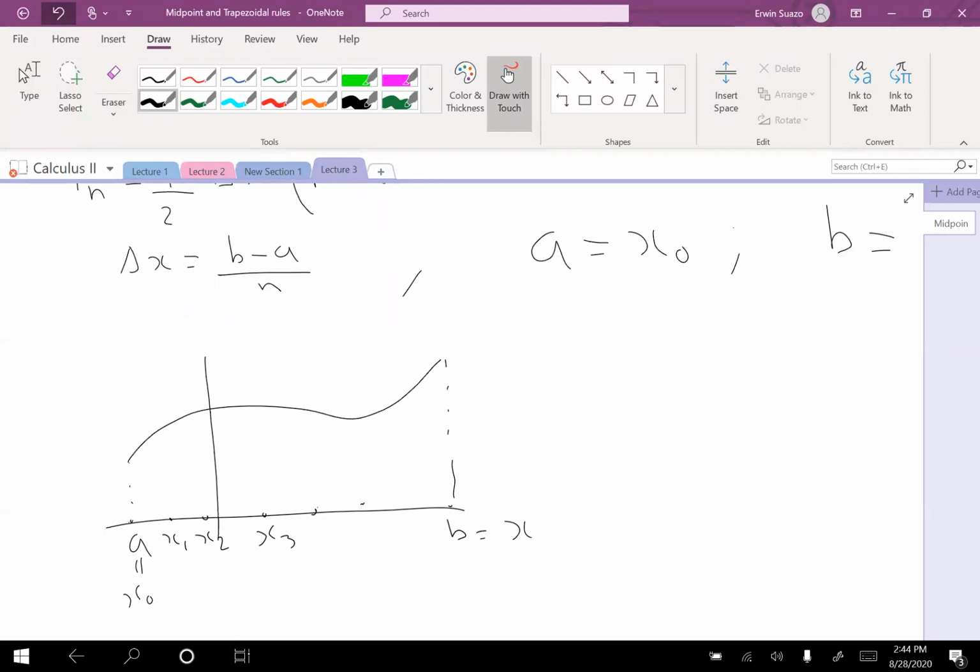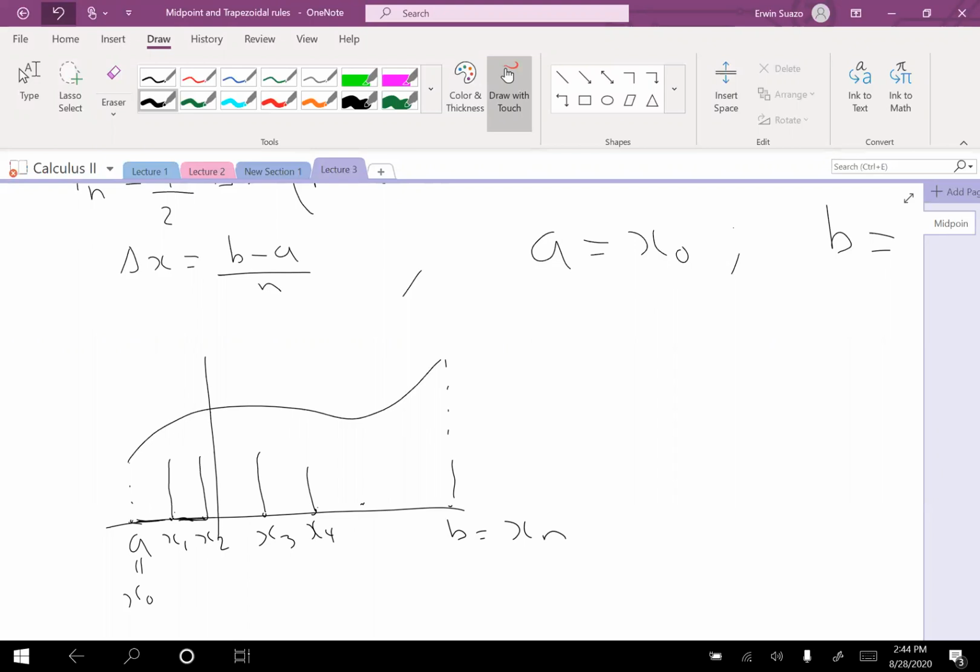The last one is xn. Those are going to be the base of your rectangles, x4, and so on.